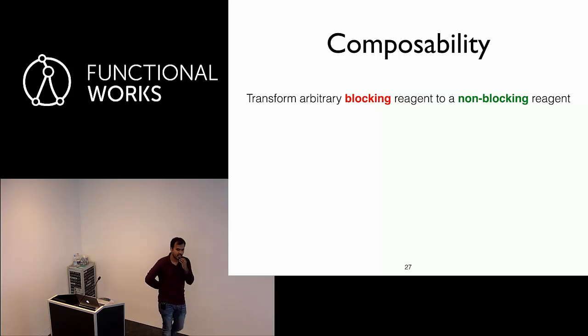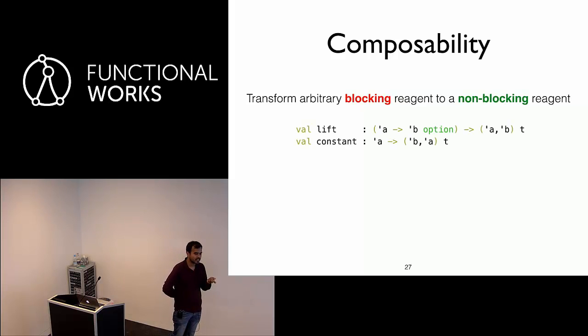But I can also build higher level abstractions that are built out of individual reagent combinators. Suppose I want to transform arbitrary blocking code into a non-blocking version. This looks like a really difficult problem because the notion of blocking and non-blocking is deeply embedded within the logic of the function.